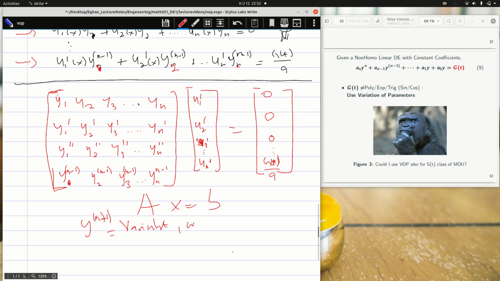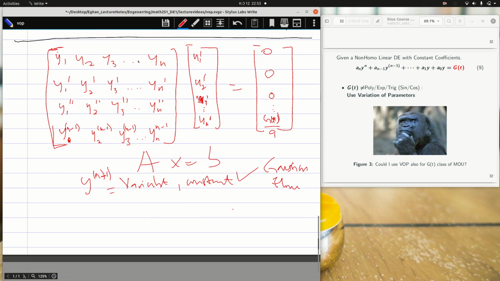If they were constant throughout, then you are good to go with Gaussian elimination or any other method you know. So it means that I would have solved x equal to some A inverse of b. I would just find the inverse of the matrix A. But this will be difficult to do because of the variables that will be involved.